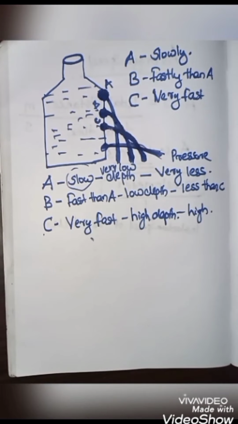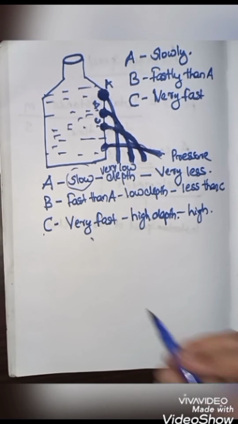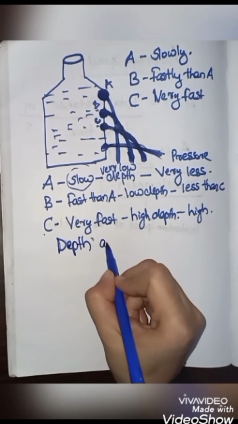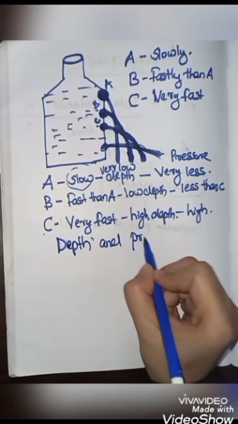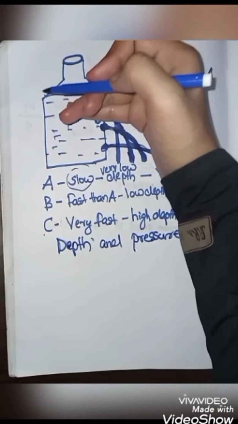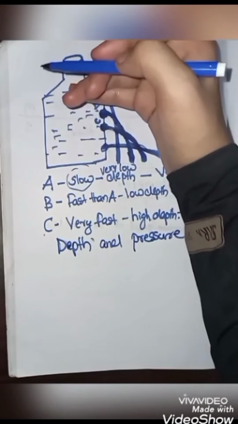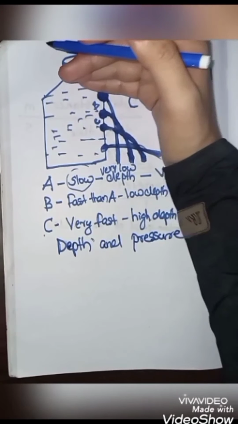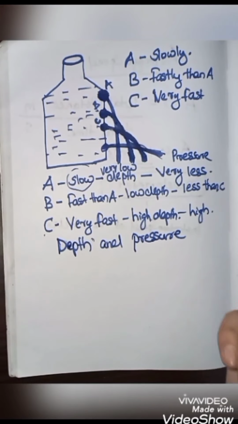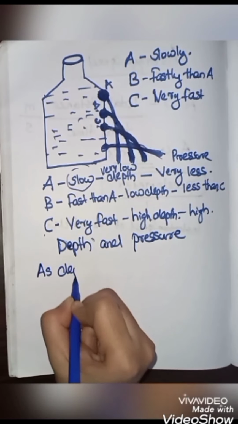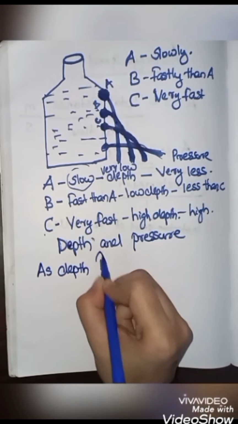So here I am giving you the relation between depth and pressure. What is the relation between depth and pressure? As the depth increases, the pressure also increases. As the depth decreases, the pressure exerted by the water or liquids decreases.